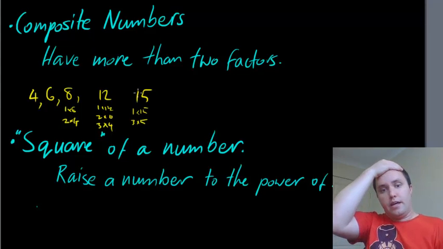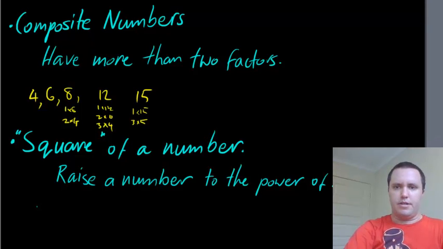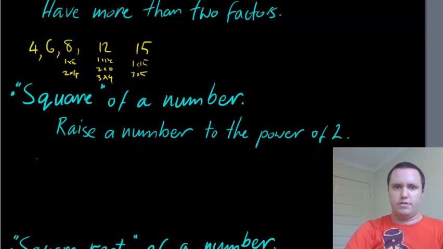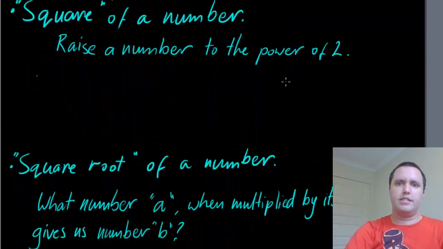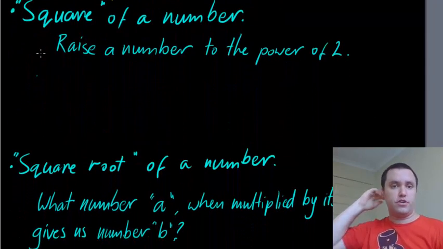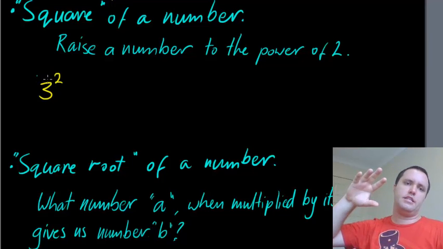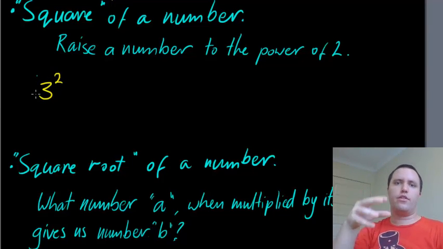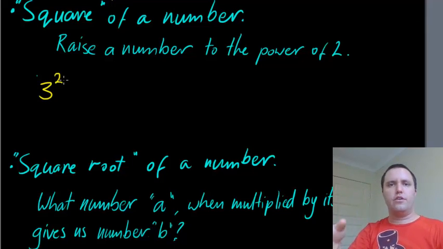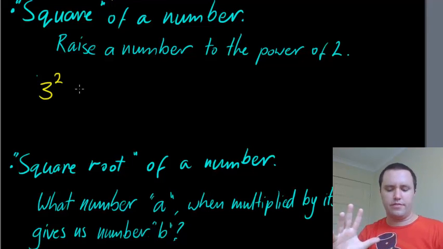Right, the square of a number. So, the square of a number is where you raise a number to the power of 2. So, if we have 3 squared, the way I want you to say this is 3 squared, or 3 to the power of 2, or 3 to the 2, not 3 2, okay? There's a lot going on with that.